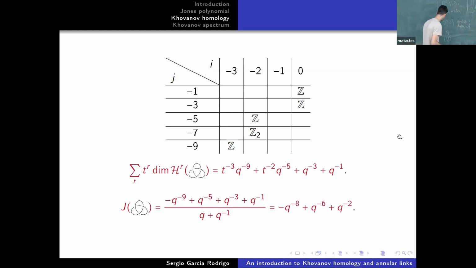So on degree 0 we have Z squared, then on degree -2 we have Z plus Z2, and Z if i is 0, if i is -2, and if i is -3, and you get 0 in all other cases.